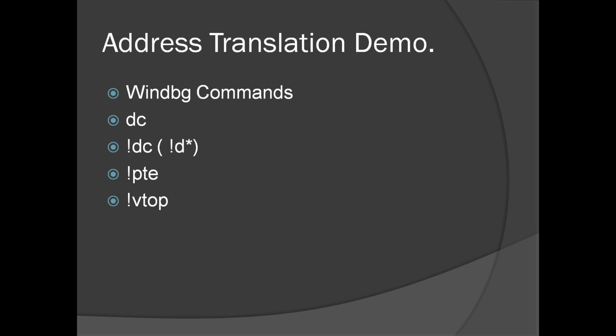If you give a physical address, it will dump out the content of that physical memory. Very useful command, very rarely used as well. Bang PTE is the command which automates the translation. If you give a virtual address to bang PTE, it will translate into the physical address, and show you the page table directory entry, the page table entry, etc.